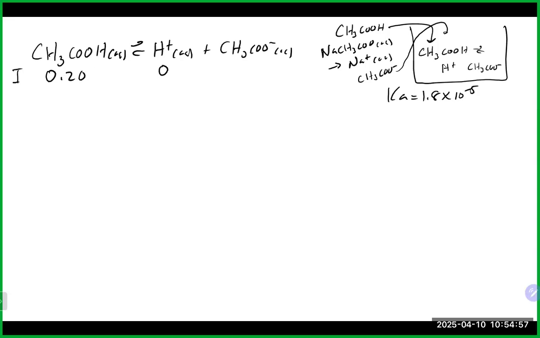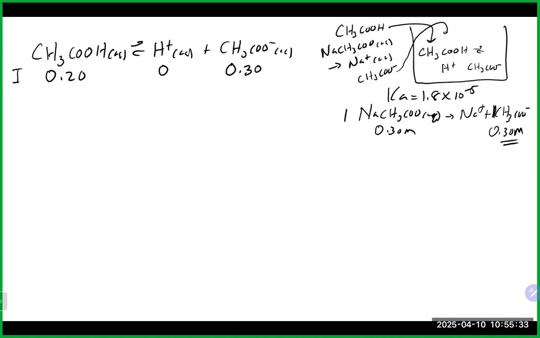But now, because we are dumping in that sodium acetate in this case, and we know it is 0.3 molar, it is a 1-to-1 relationship between that and the acetate, which means we do have an initial amount of acetate being supplied by the sodium acetate, and we do need to have an initial concentration over here. Again, this is being supplied by that sodium acetate that we are dumping in there.